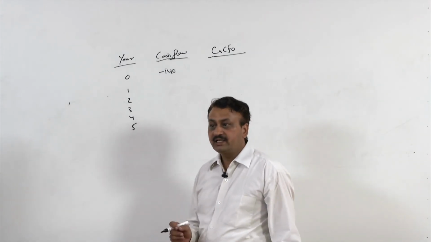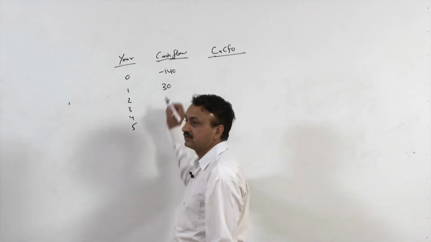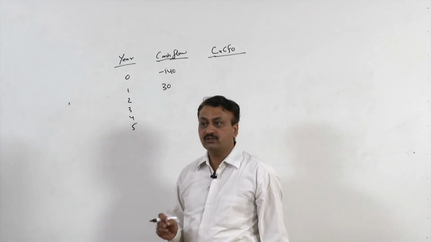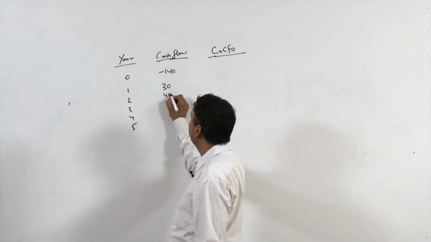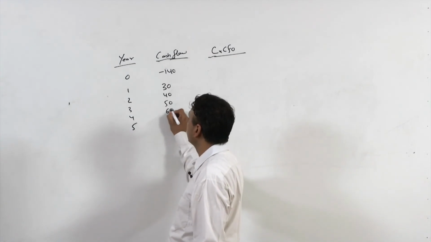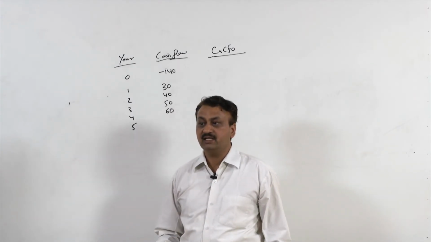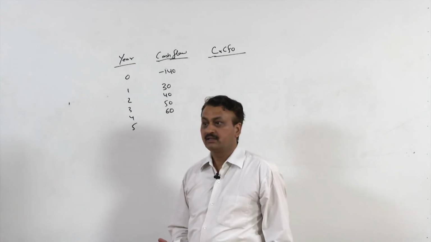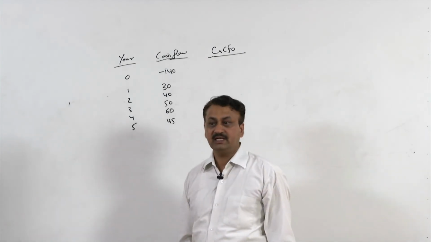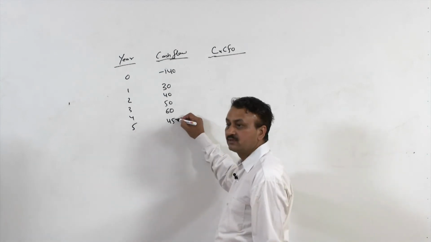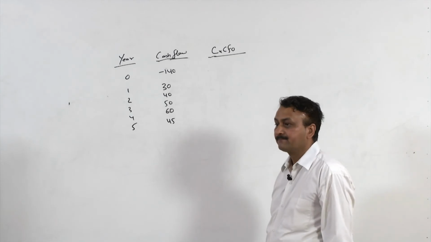It's 30 lakh in the first year and cash flow is going to increase by 10 lakh for the next 3 years. So 40, 50 and 60, right? And then it decreases by 45 lakh, which is 45, so 60 minus 15, this is 45, right?